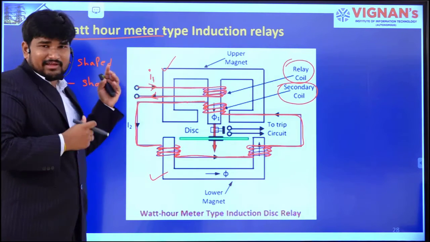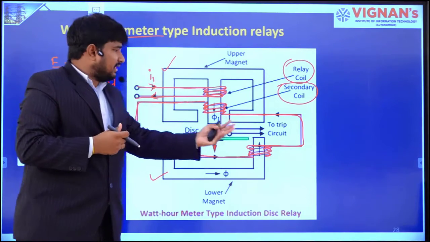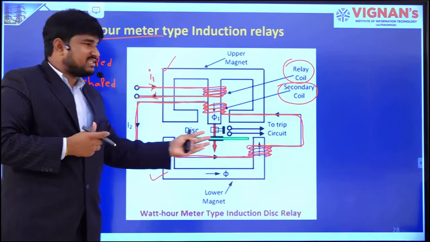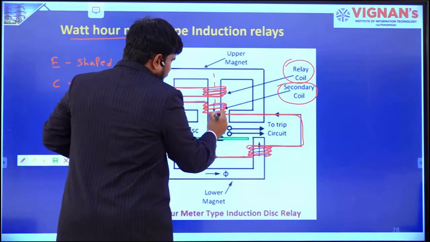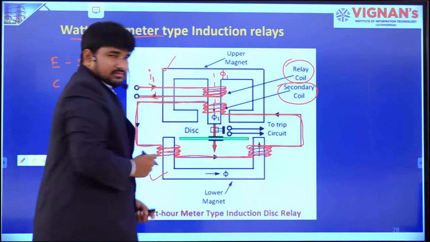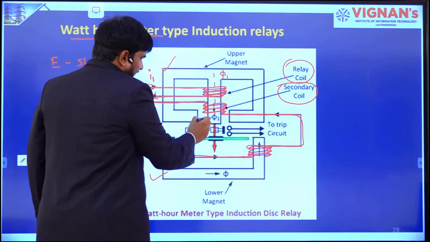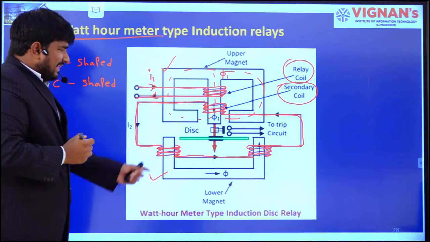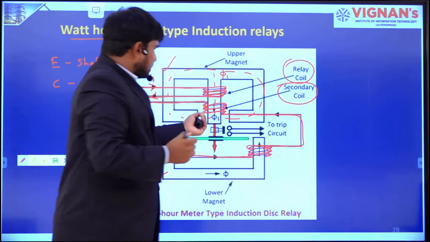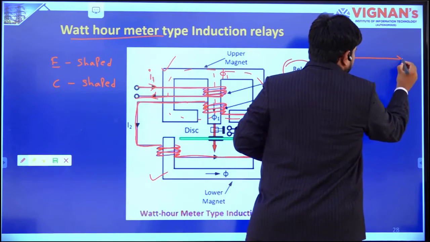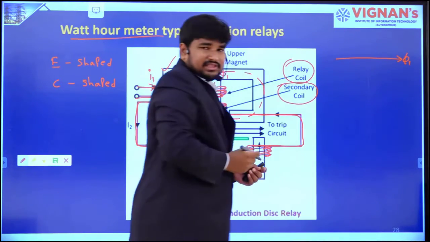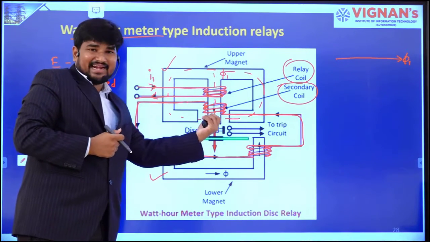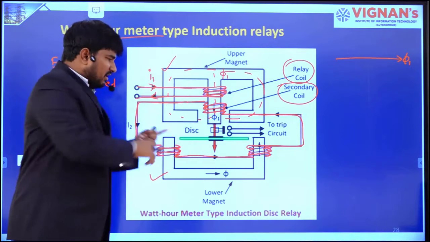We have given some actuating quantity to the relay, that is I1 is given to the relay coil, and the relay coil is energized and produces a flux phi 1. This flux phi 1 will help induce an EMF inside the secondary coil, because it is a closed one.